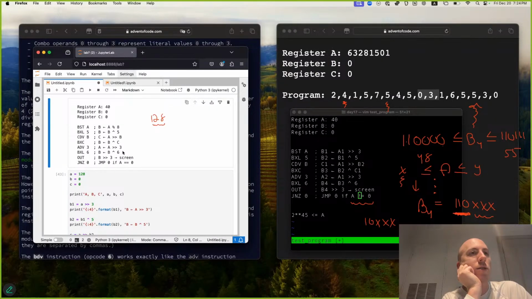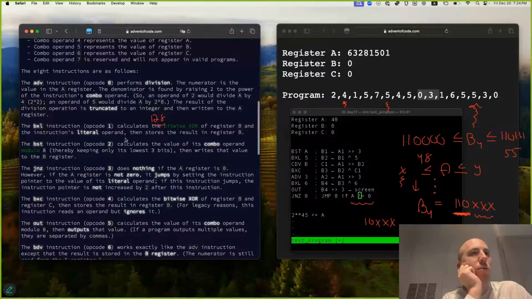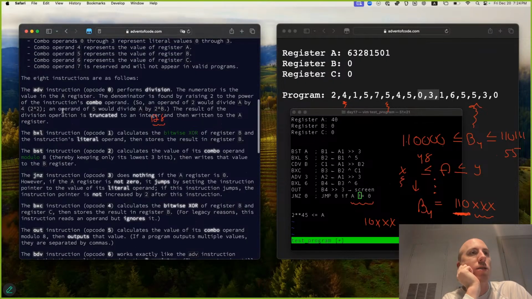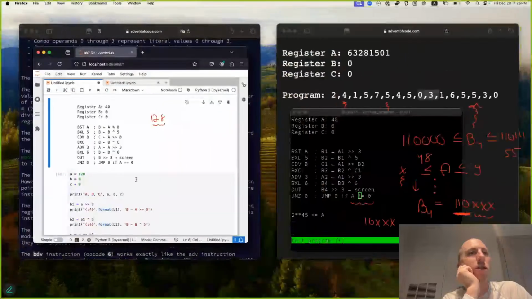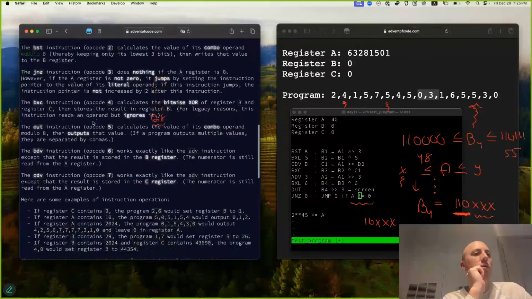So yeah, just bit shift over by 3. BXL, bitwise XOR, B divided by 6, BXL is 1, B XOR 6. And then, yeah, out.